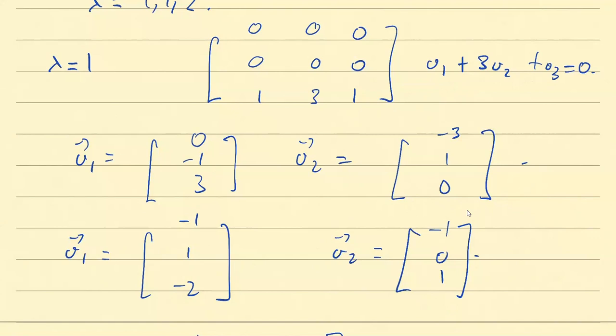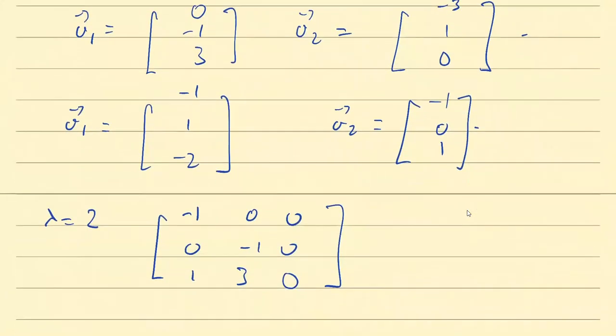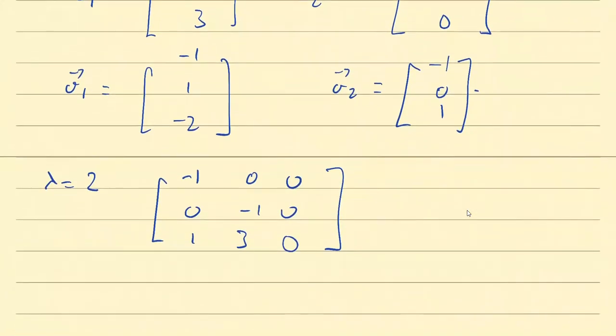However you want to pick them. So here, I think it's clear that our V3 will be, let's say, 0, 0, and 1.